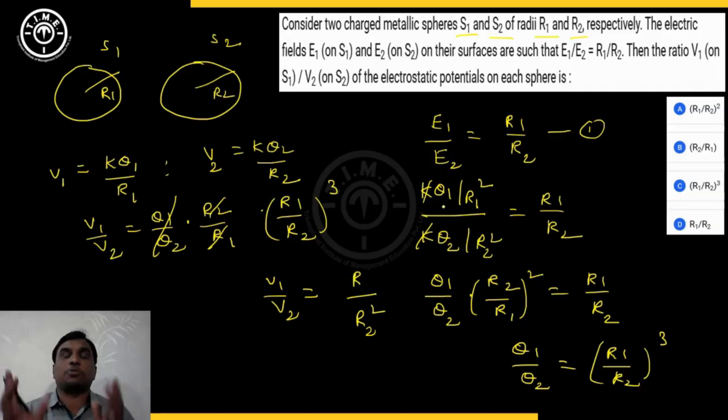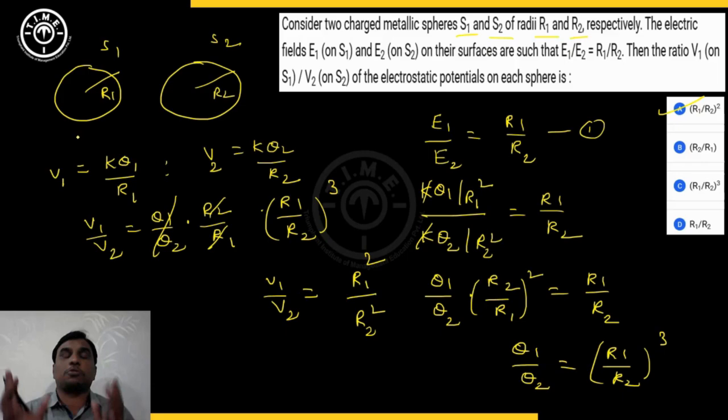So V1 by V2 is equal to R1 by R2 whole square. There is not very much mathematics involved in this question. This is the way to solve it. I'll show you the same problem in another method also. Got it? Now let me do that also.